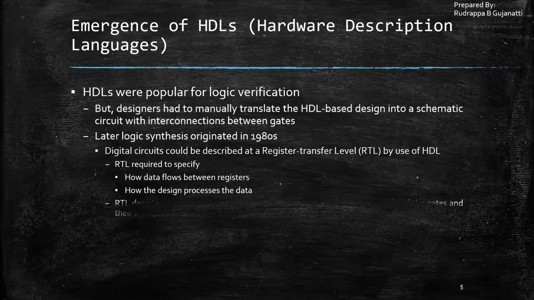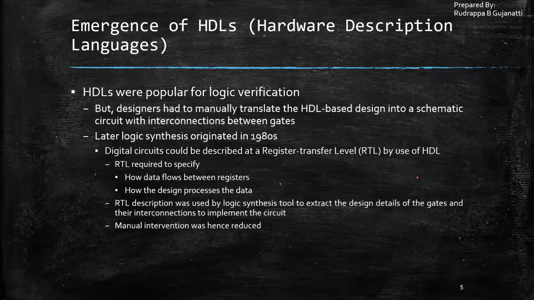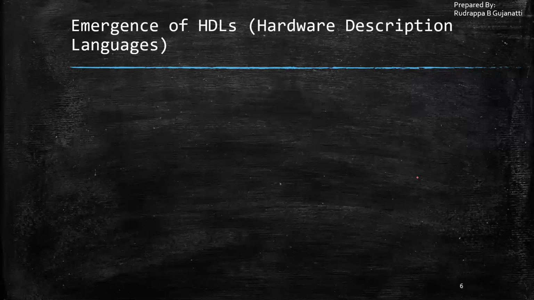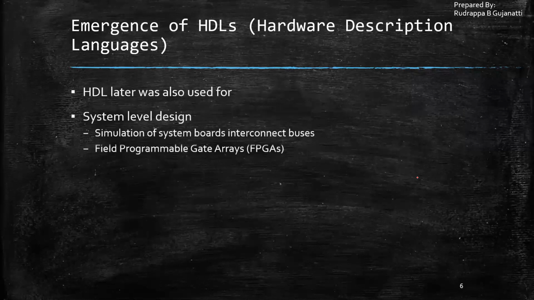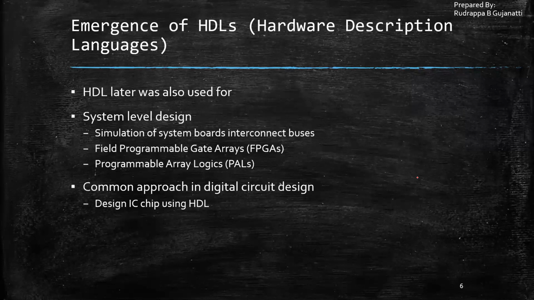From this, we could get the RTL specification, using which we could identify how the data flows between the registers and what design processes the data. All these things we discussed in the emergence of HDL. And later we could have a system level design specification, which could be done with the help of FPGA, PALs, or simulation of system boards, interconnect buses.